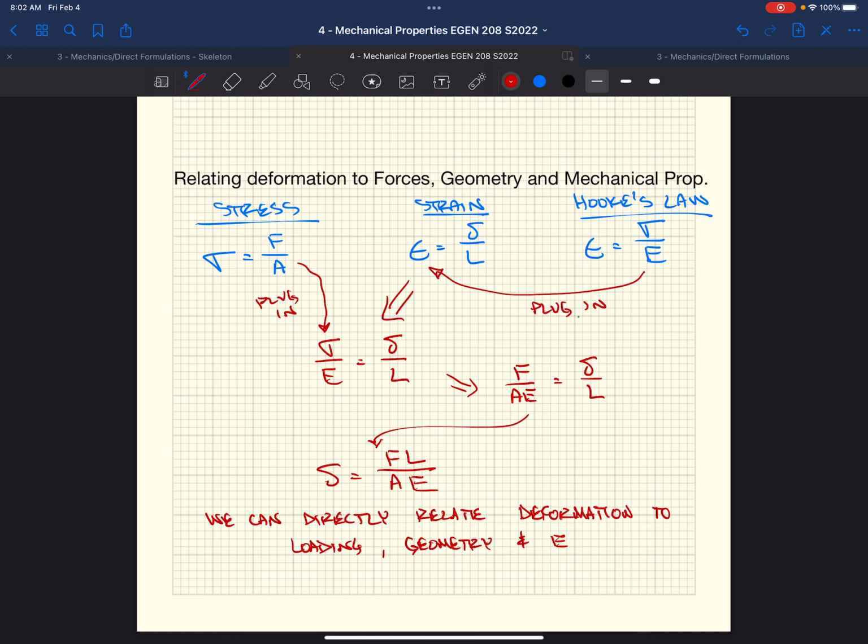From the definition of stress, F over A, we get change in length over the original length, that's our strain. And then finally this material property, our modulus of elasticity, E, which is essentially just the stiffness of our material, just like a spring. So we can relate deformation to loading, geometry, and material properties. That was a big thing to take away. We're going to use that deformation is FL over AE when we get into axial systems later today, hopefully.